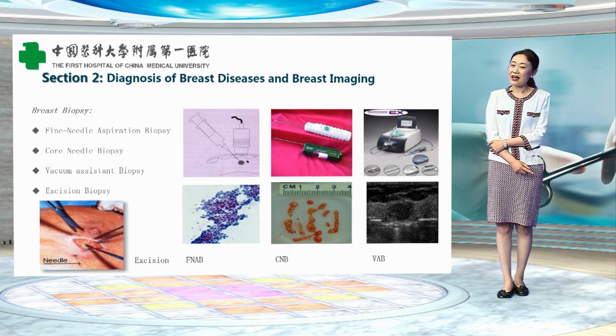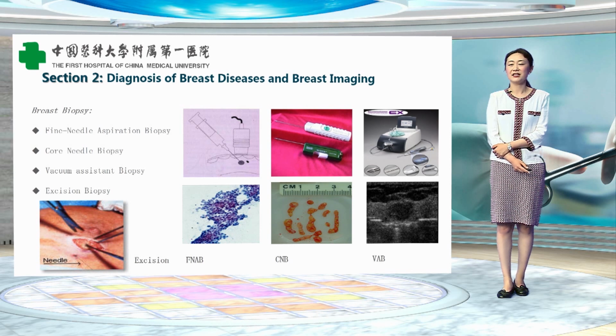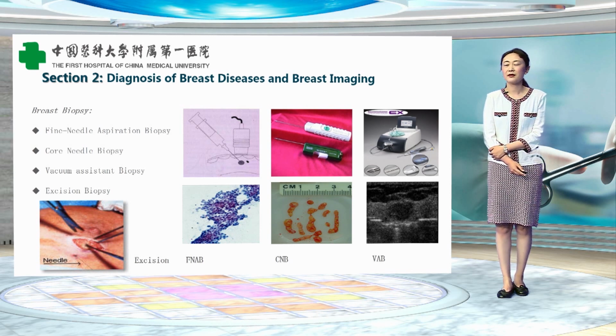So we developed another biopsy method to get more tissue. The core needle biopsy can obtain more tissue, which makes immunohistochemistry examination feasible to get a definitive diagnosis.